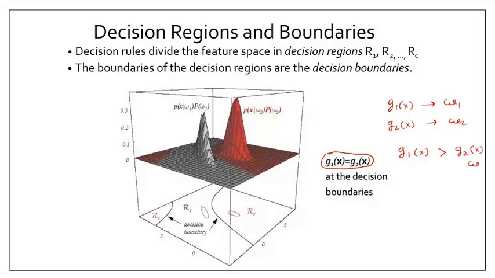Our decision is in favor of omega 1. Whenever g1x is less than g2x, our decision is omega 2. And whenever g1x is equal to g2x, then I cannot decide the class of the particular input. Then I say that x is on the boundary.